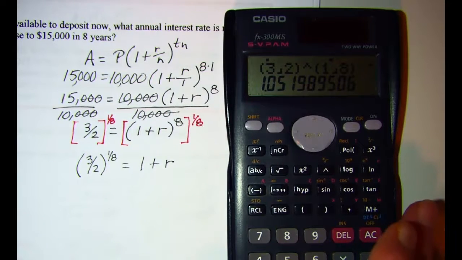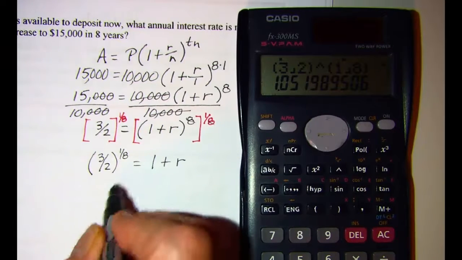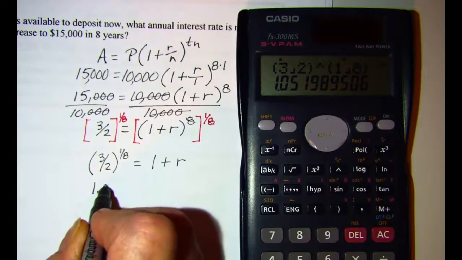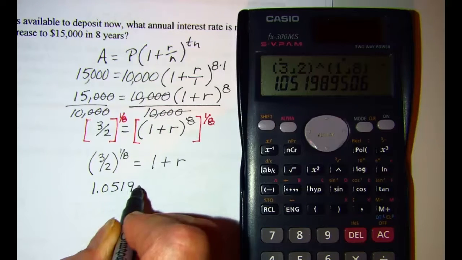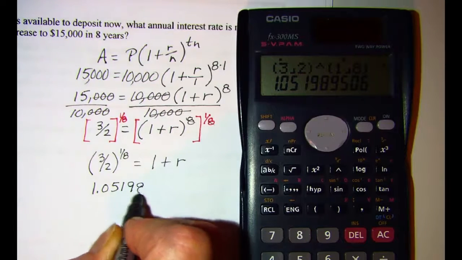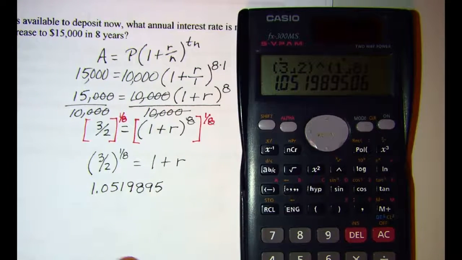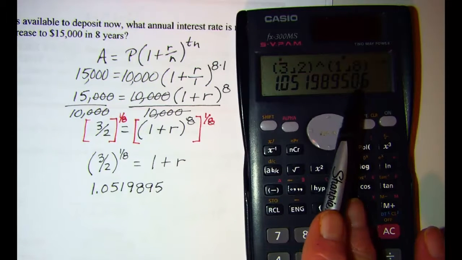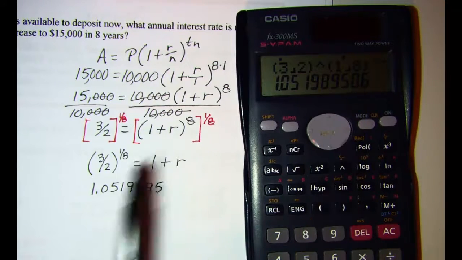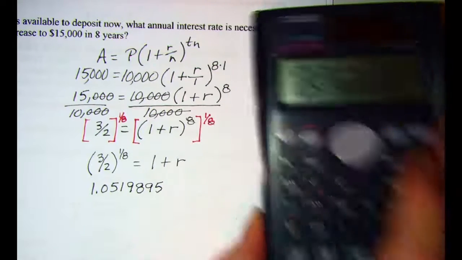And it looks like we have 1.0519895. I'm writing so many because I have a 0 back here at this point, so that's a good stopping point. Plus, I want to change to my decimal before I truncate or round.